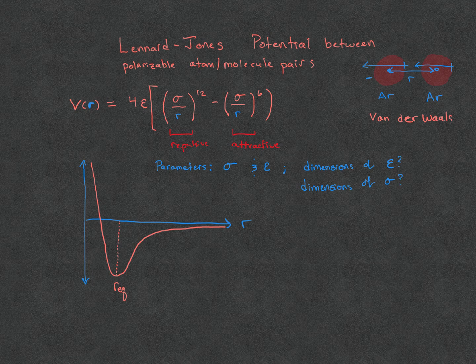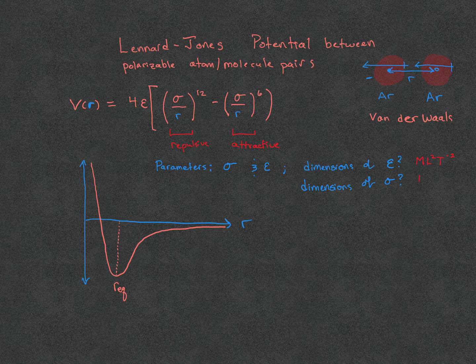So overall, everything on the right-hand side has to have the same dimensions as energy, so mass, length squared over time squared. It turns out that in order for that to be true, epsilon has to have these dimensions, mass times length squared times time to the minus 2. In other words, epsilon is an energy parameter.